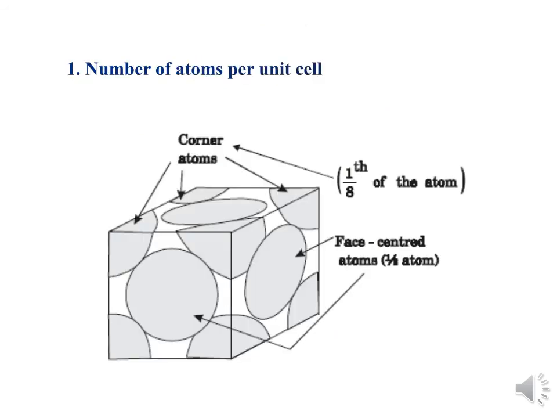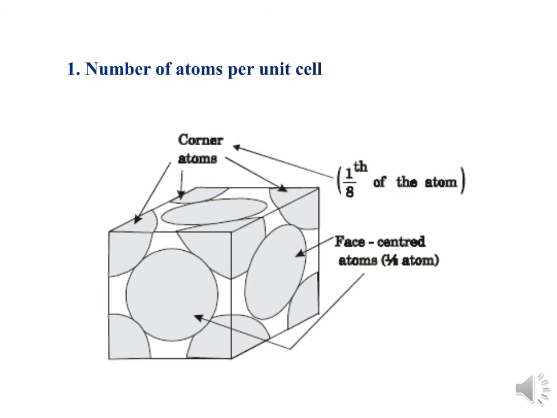First characteristic, number of atoms present per unit cell for FCC. Total corner atoms 8, each corner atom is shared by 1 by 8, and 6 face-centered atoms, each shared by 1 by 2.